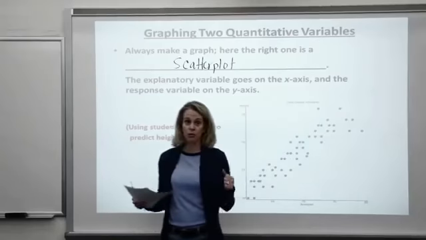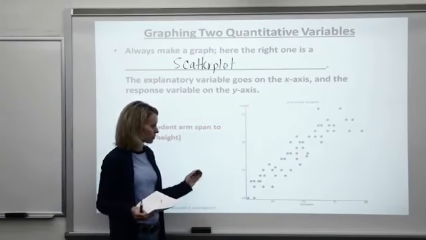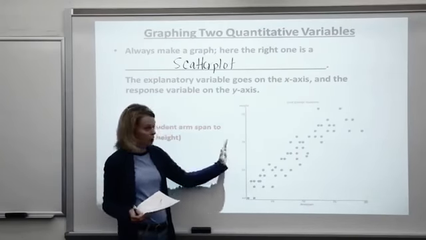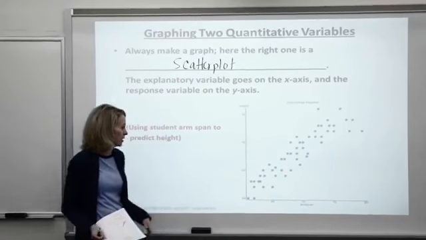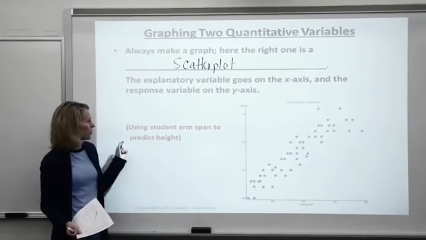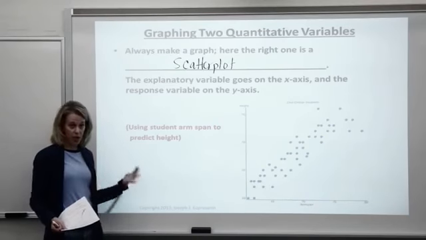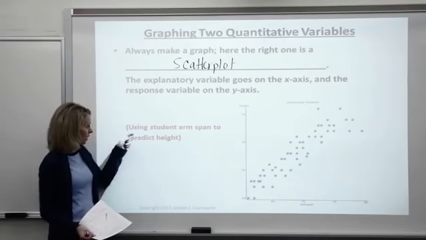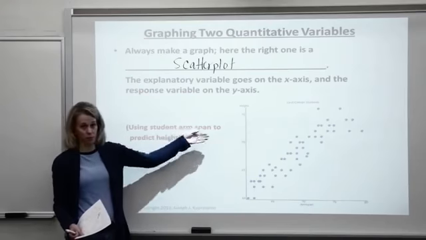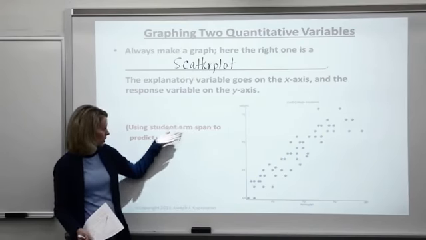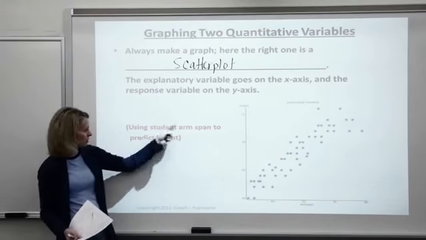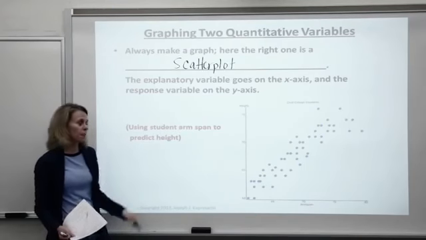We mentioned last time it's really crucial that you identify the proper variable for x and y, and if you have it backwards, that could be an issue. This is one example. The statement says we're using arm span to predict height, so that's your indicator that arm span is the explanatory, predictor variable, and what we're trying to predict, the response variable, is height.